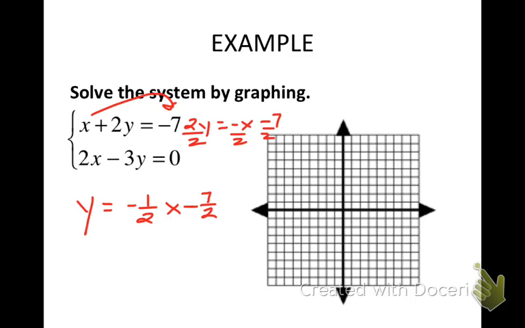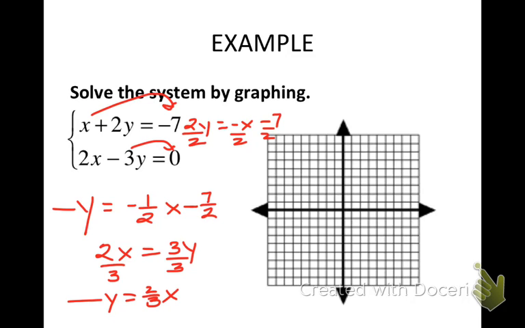If I do the same thing for the second one, should I move the 2x or the negative 3y? I would move the negative 3y because then that would make it become a positive. So then we get 2x equals 3y. Divide by 3. Y equals 2/3 x. So there are my two equations I'm going to graph.